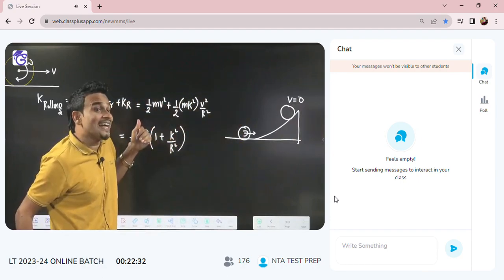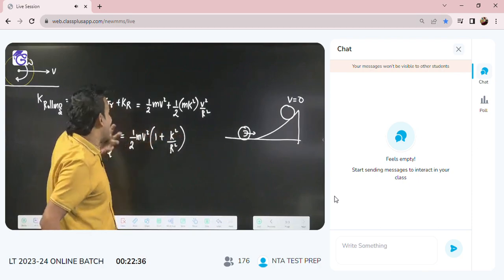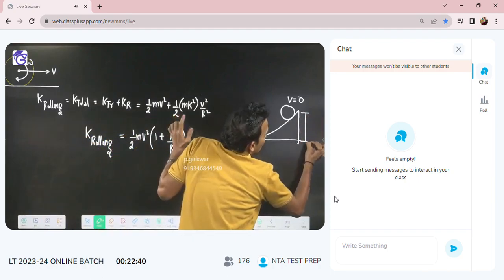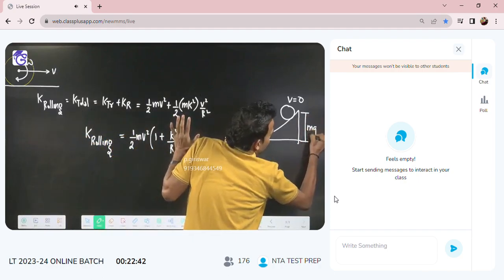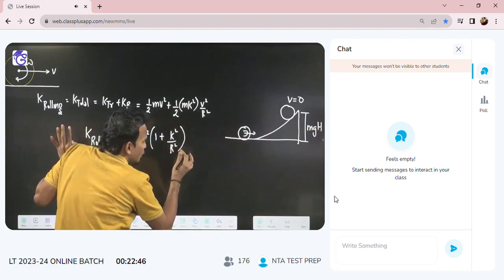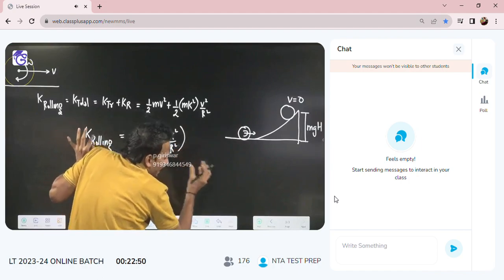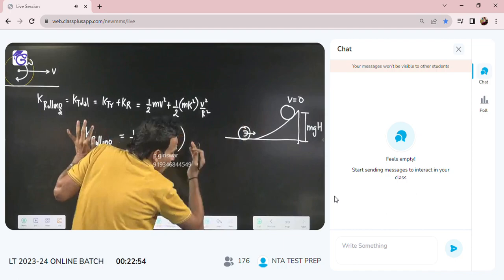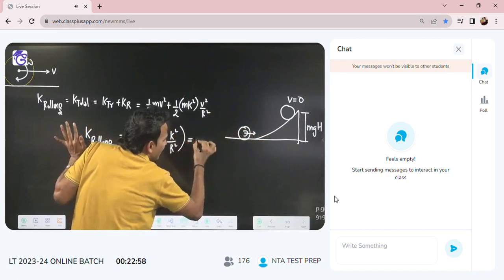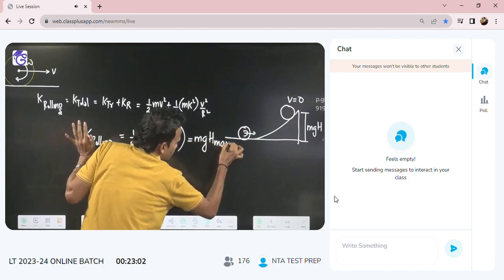So where will that entire rolling kinetic energy go? It will convert to potential energy, mg into h max. So always remember, if anyone asks you the maximum height a body will attain on a hilly surface or an inclined plane, this is how you get it. This entire energy will convert to mg into h max.